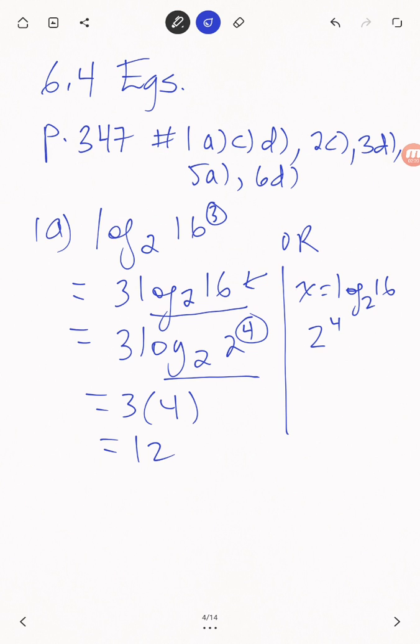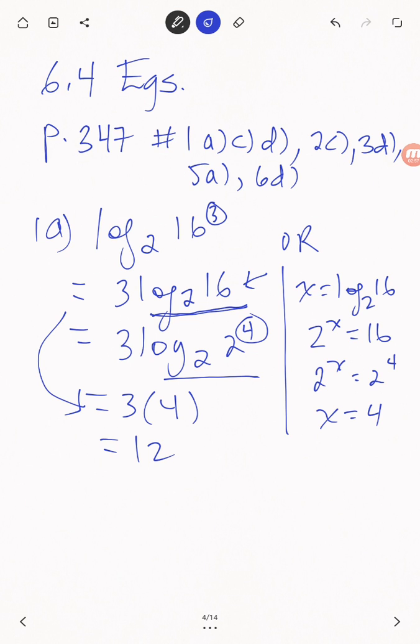So 2 to the x equals 16, and then change them to the same base. So 2 to the x equals 2 to the 4. Solving the exponential equation, we get x equals 4. And then you would just put that x equals 4 back in for the log of 16 base 2 here, and you would end up in the same place. Equals 3 times 4. All right.